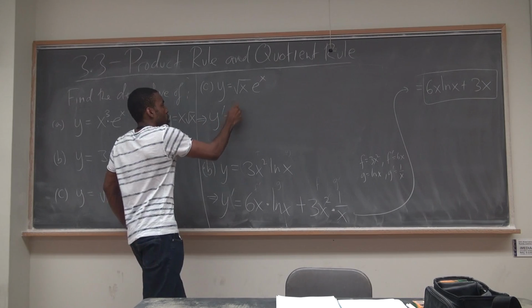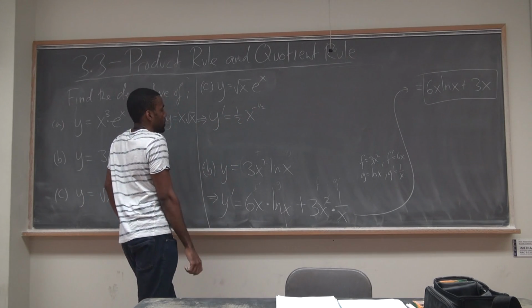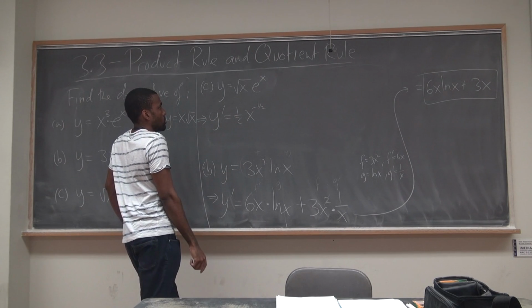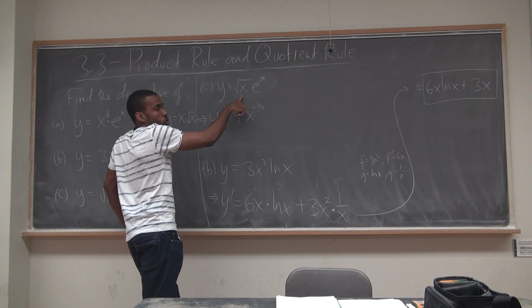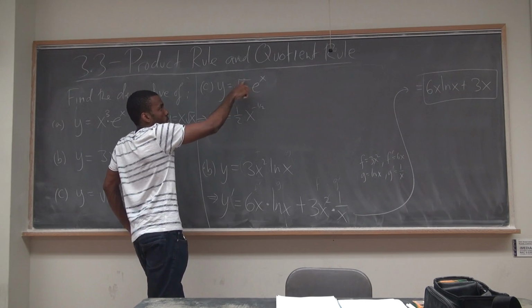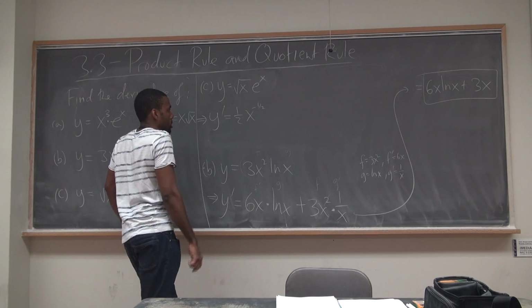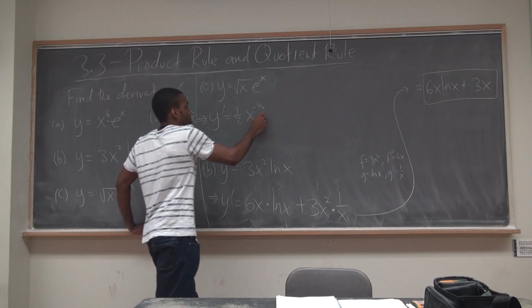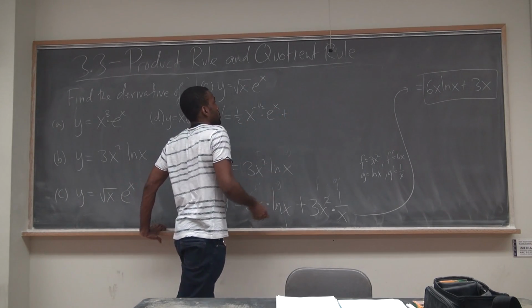So y prime is going to be 1/2 x to the minus 1/2. How do we know that? You write x to the 1/2 instead of the square root. Right. There's no rule for radicals, so we write it as a power and use the power rule. This just means x to the 1/2. So you bring the power down, subtract 1 from the power. Okay, what else? Times e to the x plus e to the x times square root of x.